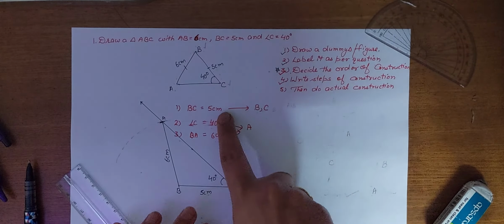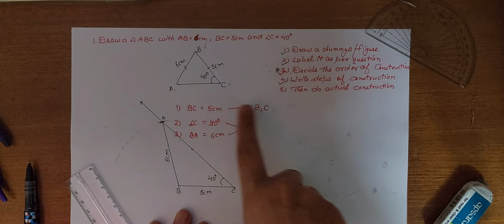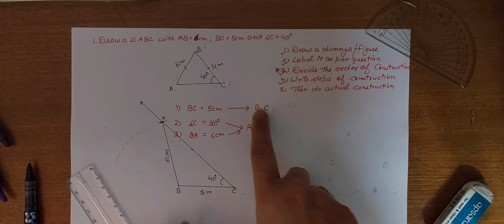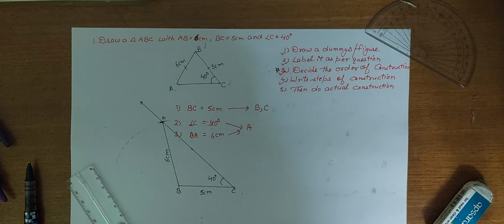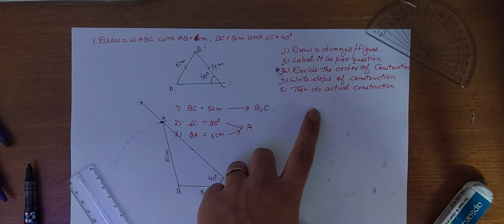The purpose is, the moment we draw one measure, we get two vertices, always, whether we are drawing a quadrilateral or triangle or anything. If we are drawing any line segment, we get two vertices.